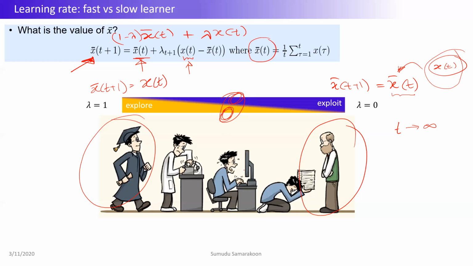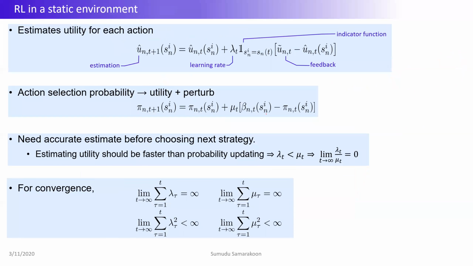Why do I explain this part? Now if you go back to this reinforcement learning over a static environment scenario, with the optimal action selection probability obtained from this Gibbs distribution, we can update our strategy over time following this equation.